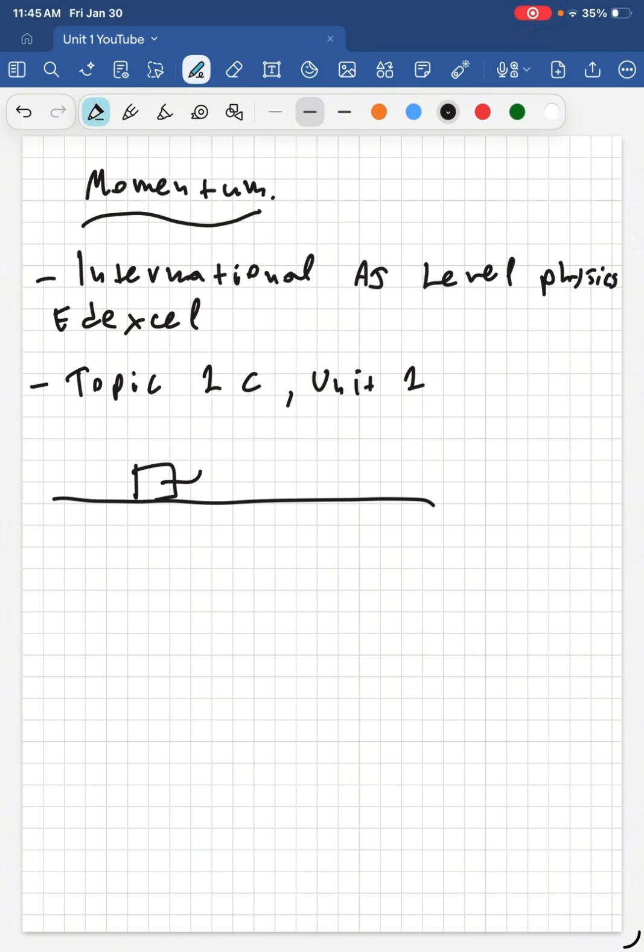So maybe we have a block of mass m hitting another block of mass capital M that is initially stationary, and then maybe they move together, maybe they stick together like this. So this is the mass m and this is the mass uppercase M, and maybe they move together to the right, okay?